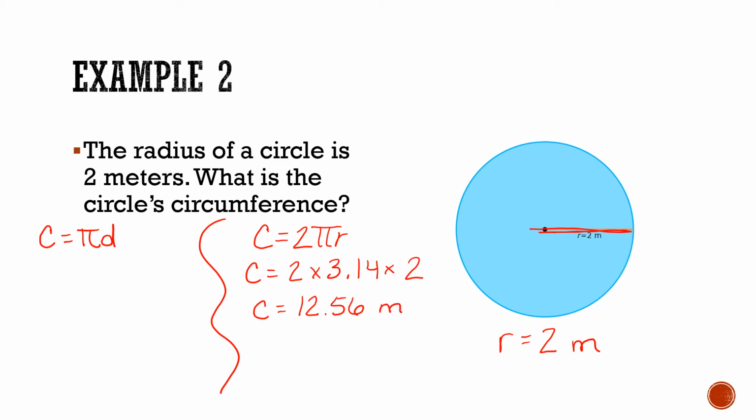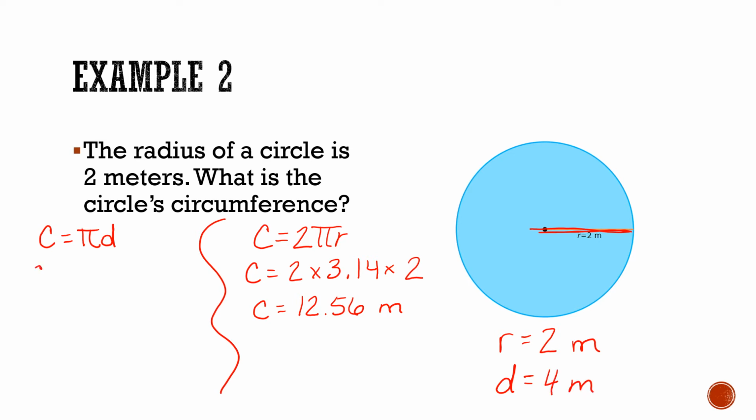However, I told you that I almost always just stick with using pi d. However, if I'm going to use pi d, I have to know the diameter and not the radius. But it's pretty easy to look and say, okay, if the radius is 2, the diameter is twice that, so our diameter would be 4.